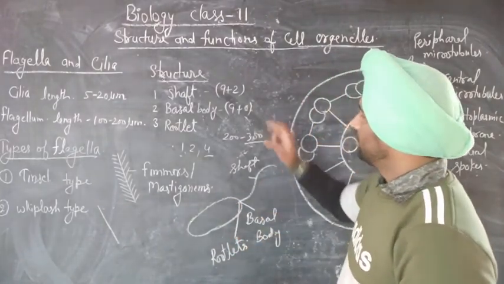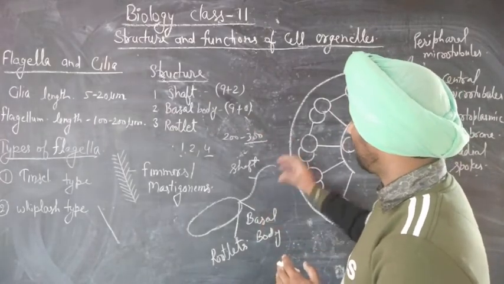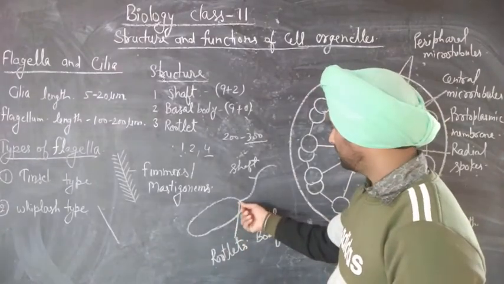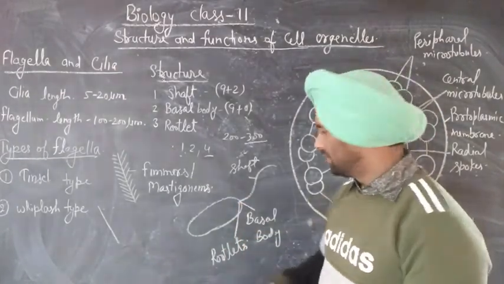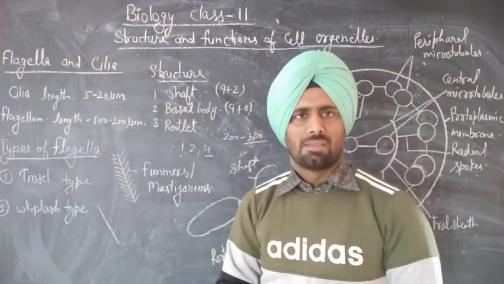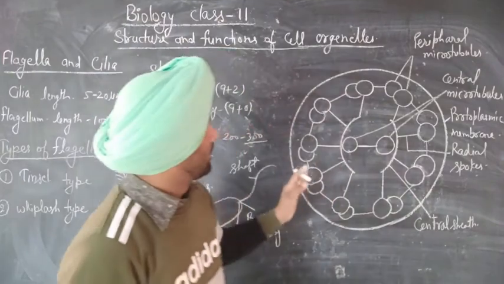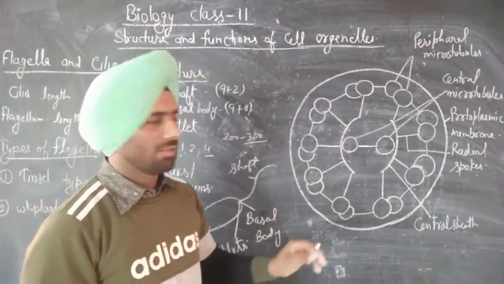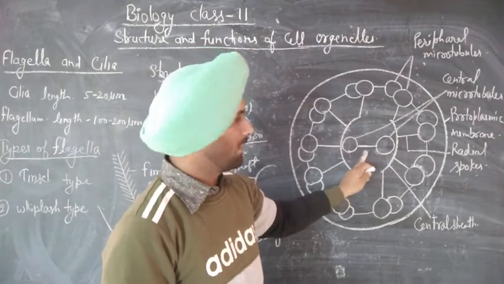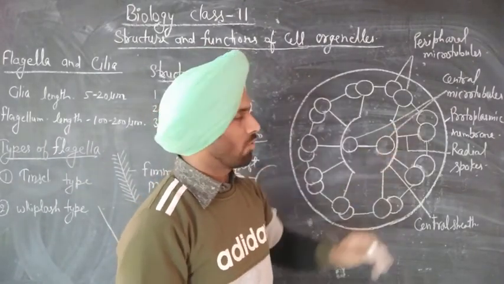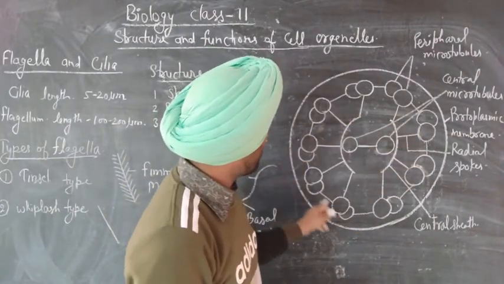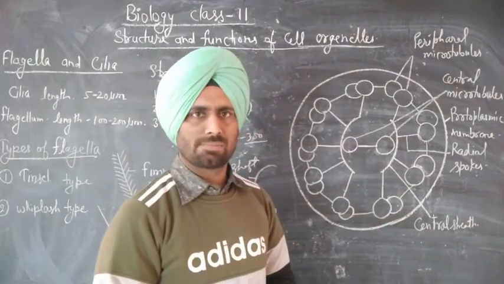Shaft is the outer part which is found in the environment. It originates from the basal body or basal granule. In the structure of the shaft there is a central core, a doublet central core, surrounded by 9 doublet microtubules.